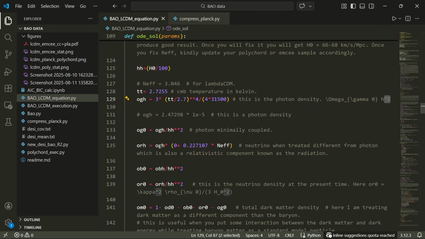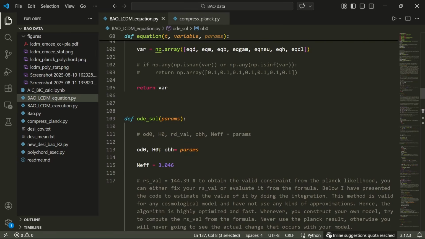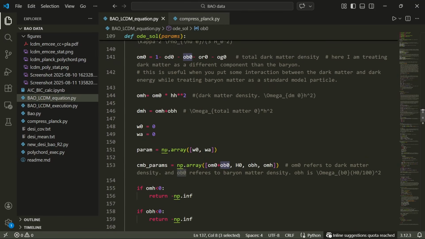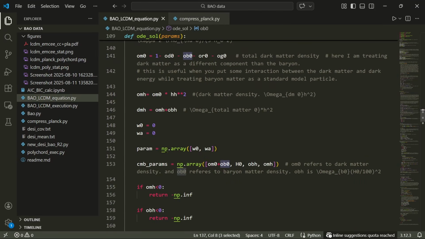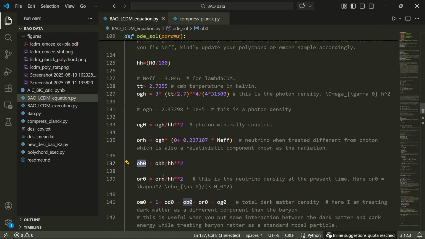So I have to divide by this number. So OB0 becomes, I am constraining the OBH, which is omega b h square. I know the value, I can divide by HH, right? I will get the OB0. Just do the simple mathematics. Similarly, OR0, ORH I am computing, this is known, dividing by HH, I will get OR0. Similarly, OG0, I am getting it by dividing OGH by HH squared.